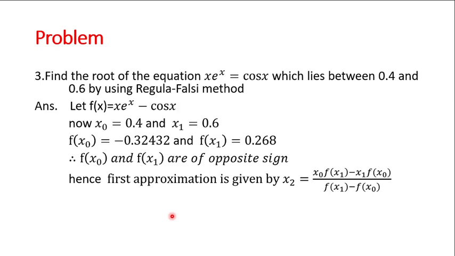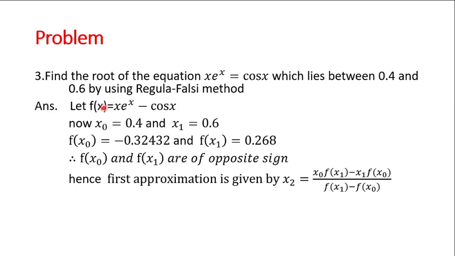Now we type the function x into e power x minus cos x in the calculator. Alpha, press the closed bracket, that means display the x in the calculator, into e to the power of x. E to the power of x is nothing but again shift ln.